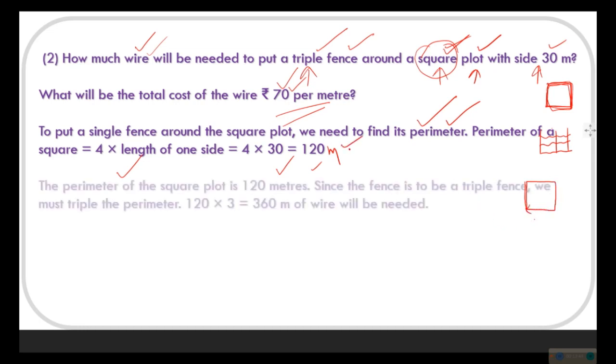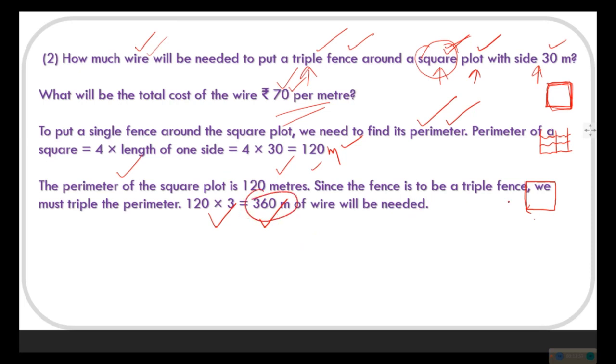of wire required. If 120 meters is needed 1 time, then 3 times it is needed, that is 360 meter wire is required for 3 time fencing. Correct? 3 into 120 is equal to 360 meters of wire required for triple fence, for 3 time fencing.